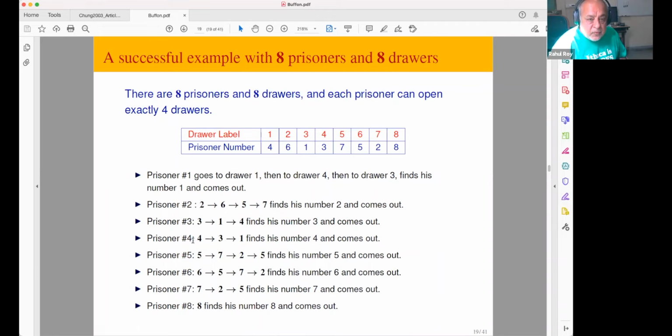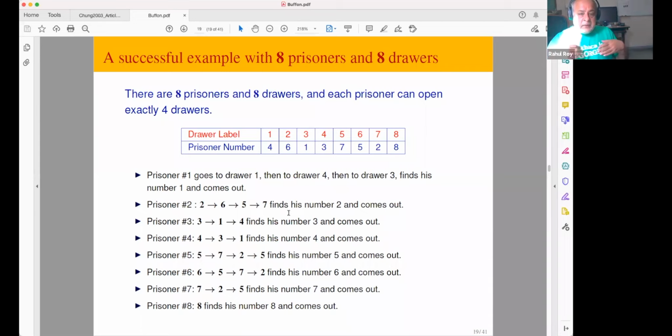Similarly, prisoner number 4 goes to 4 and then 3 and then 1 and finds his number. Prisoner 5 goes to 5, 7, 2, 5. Prisoner 6 goes to 6, 5, 7, 2. Prisoner 7 goes to 7, 2, 5. And prisoner 8 finds his own number in number 8. So this is a successful example.